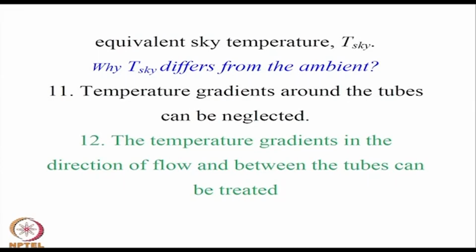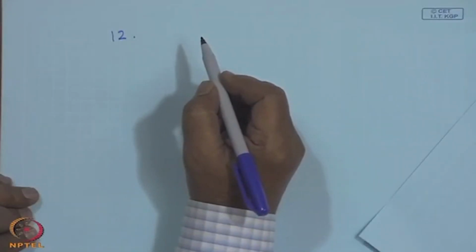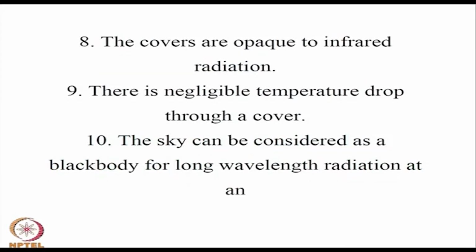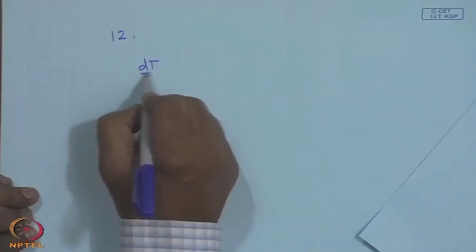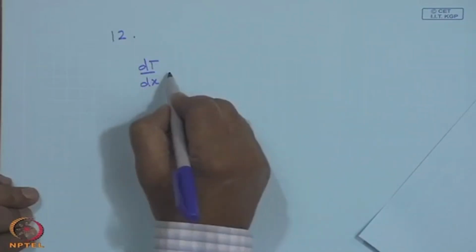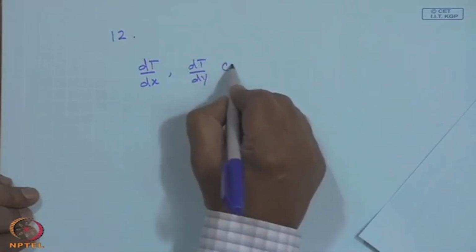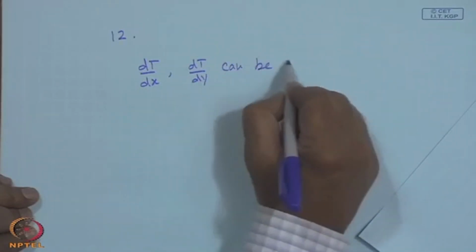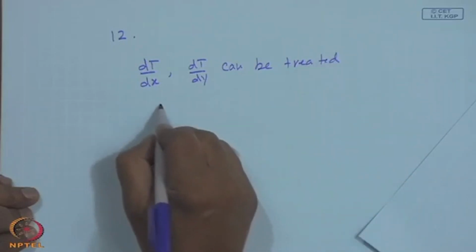The temperature gradients in the direction of the flow and between the tubes can be treated independently. That means dT dx and dT dy can be treated independently.